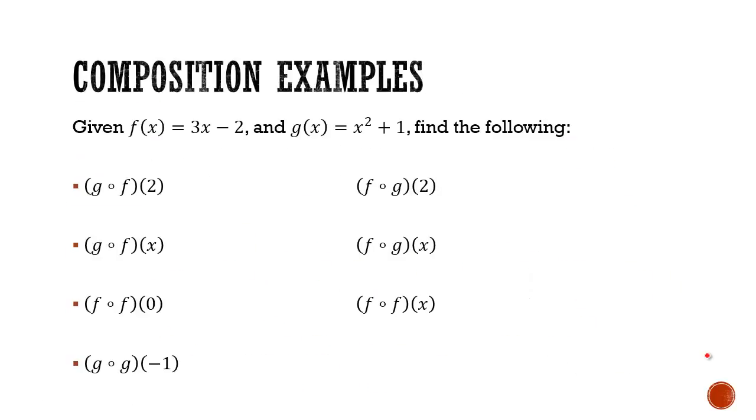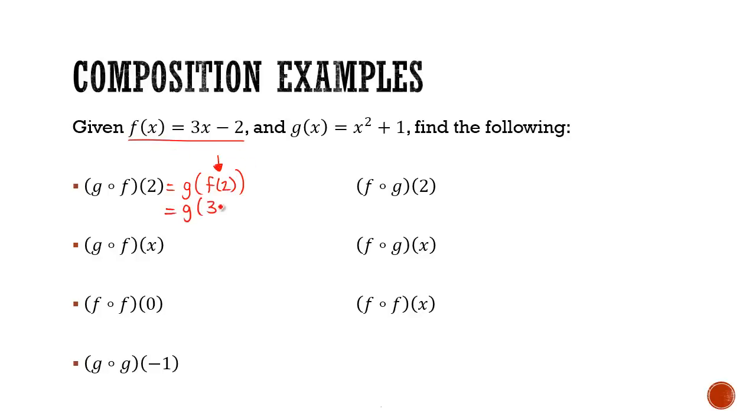So let's try that with a few examples. G of f of 2 means take g of f of 2. This means we have to start from the inside and complete the f of 2 first. So what is f of 2? Well, we need to find f of 2 by using the function f.